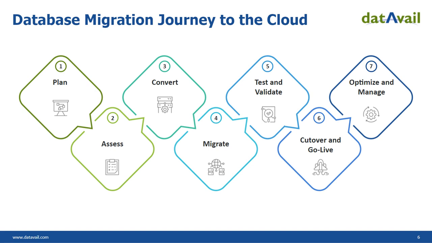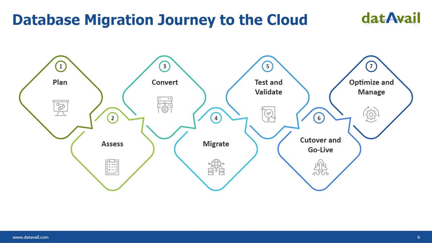In the next one, you will actually modify or reformat your data to be compatible with the chosen cloud database solution. Okay, and after that, you will actually migrate. That's when you transfer your data from your on-premises databases to the cloud. After migration, you will test the new cloud database to ensure everything works as expected.